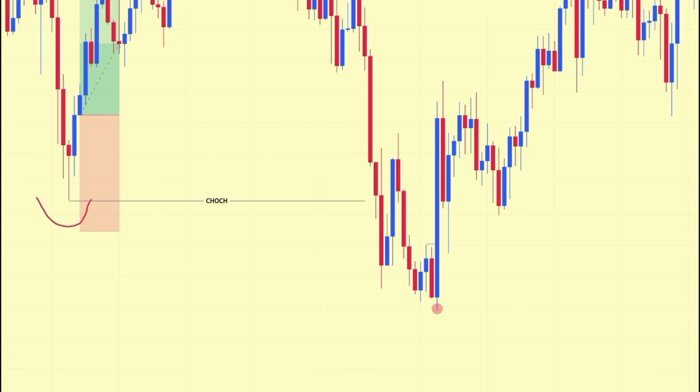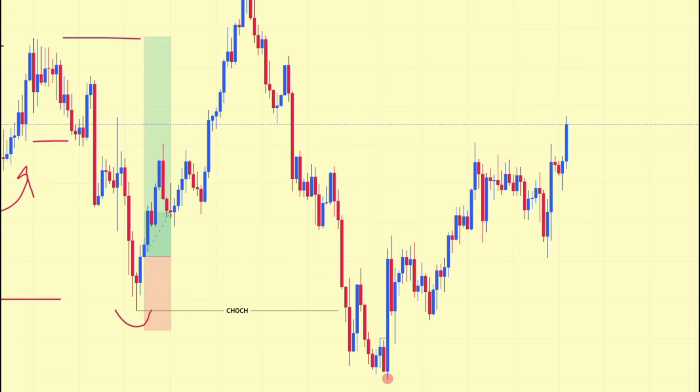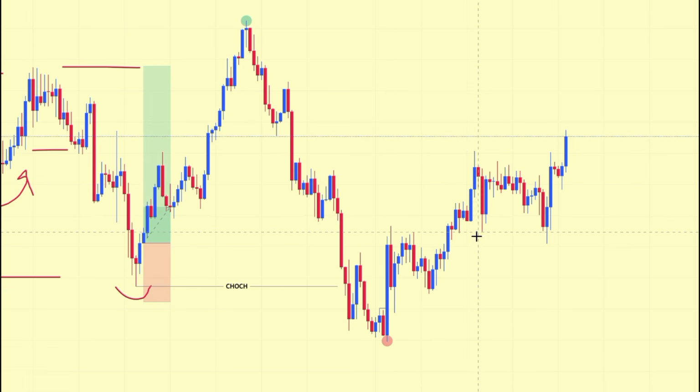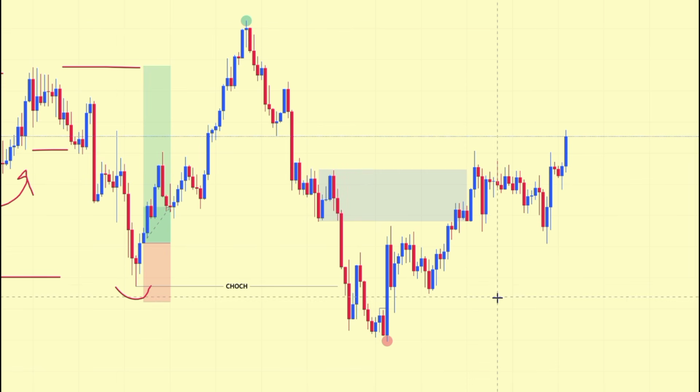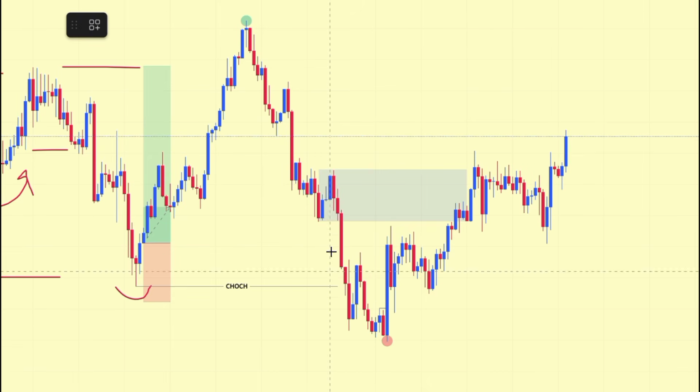Okay, so exactly right there we have the major inducement being taken out, and we can clearly see this one here is the decisional order flow. Why am I saying that is the decisional order flow? We can clearly see that it is the opposing move before that selling displacement that heads over to the break of structure.